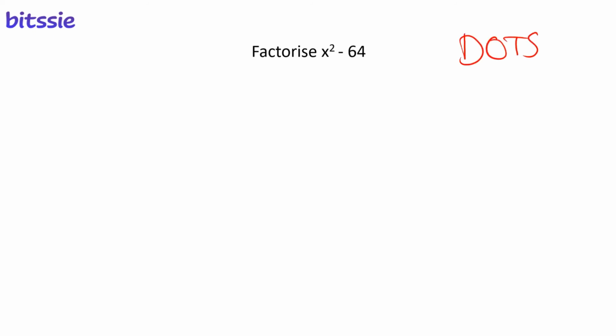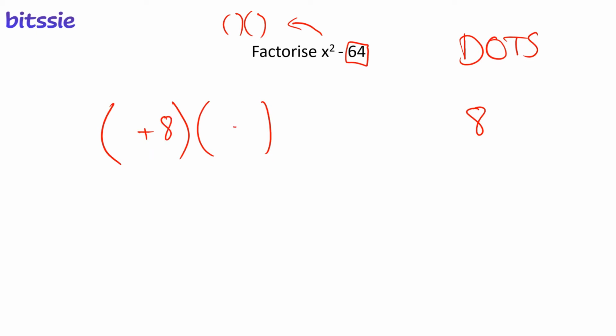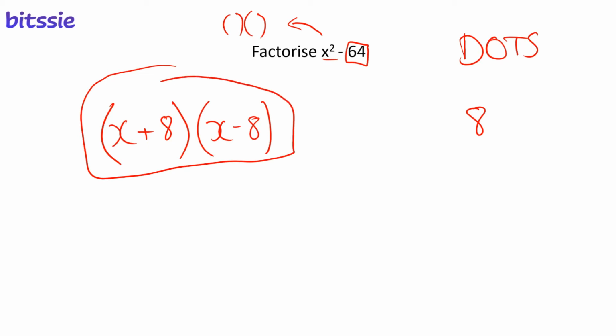This time we have to factorize it though, which means reverse the process of what we did last time to put it into brackets. So we know that the square root of 64 is 8. So in our brackets we can have plus 8 and a minus 8. And then x squared goes down to x in both brackets, giving us (x + 8)(x - 8).